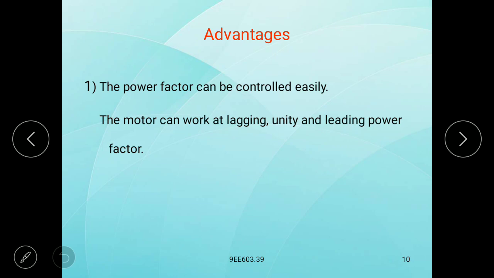The first one is the power factor can be controlled easily. The motor can work at lagging, unity and leading power factor.